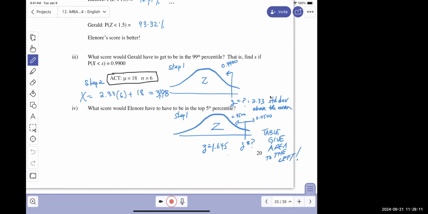And then step 2. This means 1 standard deviation above. Sometimes you might be below, and you have to be careful to do the below-the-mean part. 1 standard deviation above the mean, or from the mean, because if it was negative, you would multiply by a negative.